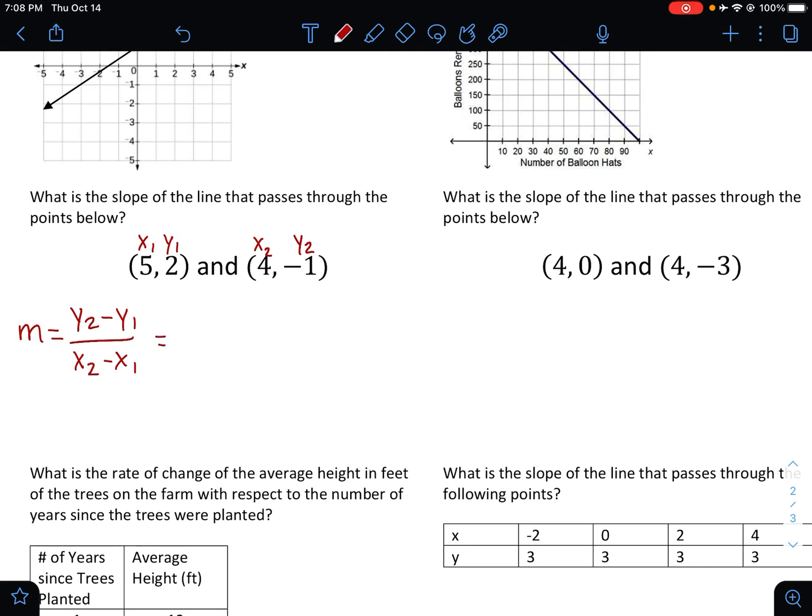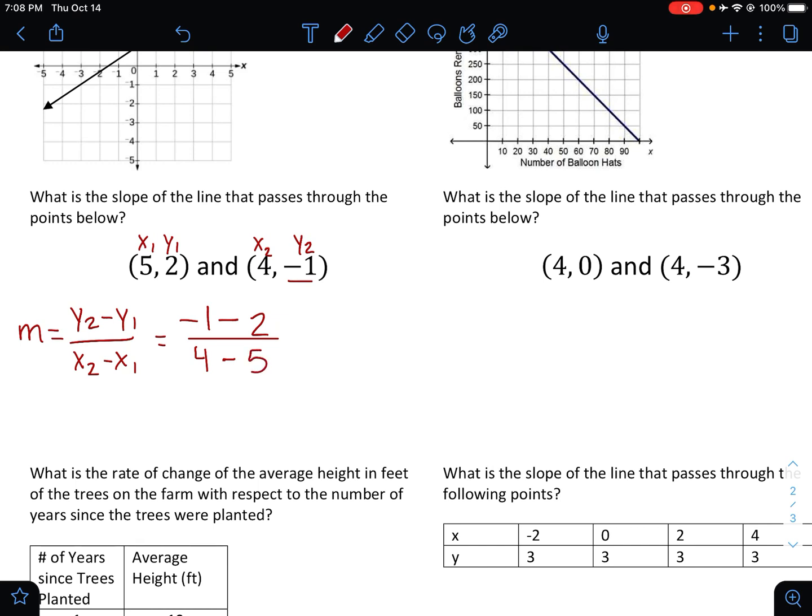So x sub 2 is negative 1. Y sub 1 is 2. But our formula has a built-in minus sign, so it's minus 2. Then we go to x sub 2, which is 4, minus x sub 1, which is 5. So we have that.